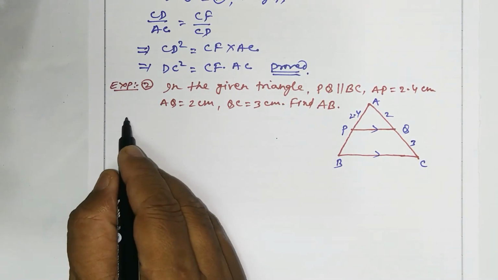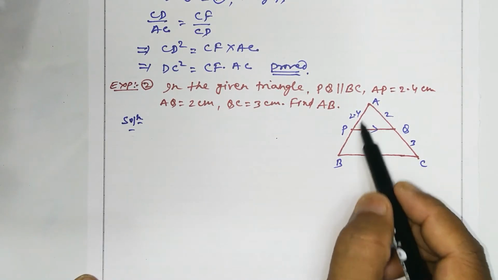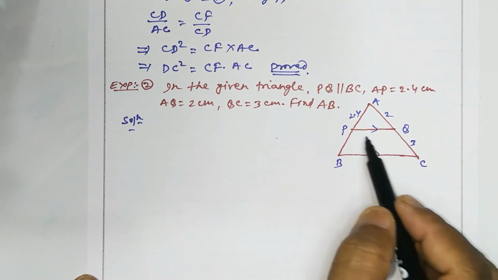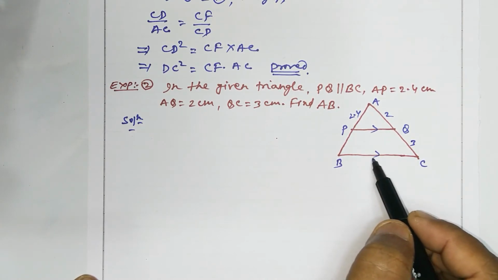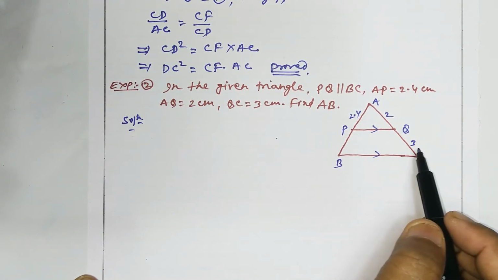In the solution, first we see the figure. In triangle ABC, PQ is parallel to BC. So one line is parallel to one side of a triangle. According to BPT, it divides the other two sides in the same ratio.